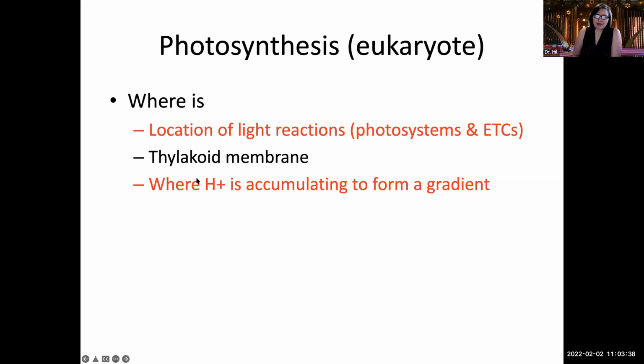The thylakoid membrane is where the electron transport chain is located. So it's pumping protons across that membrane. There are two sides to that membrane, the interior of the thylakoid and then the stroma, which is in the interior of the chloroplast. So which of those fluid-filled compartments is where we're actively transporting protons to create that gradient that we're going to use to make ATP?